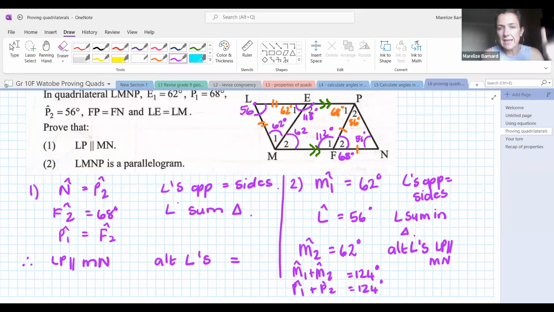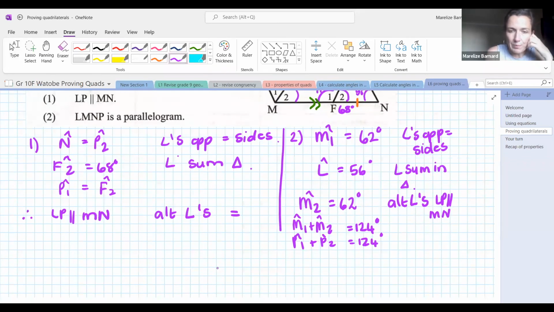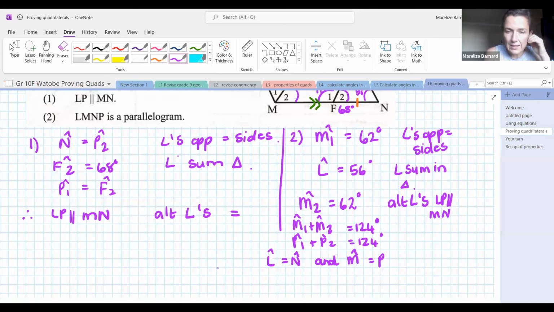So that's my second pair of angles that are equal. So angle L equals angle N and angle M equals angle P. And therefore LMNP is a parallelogram, for that same reason: both pairs of opposite angles are equal.